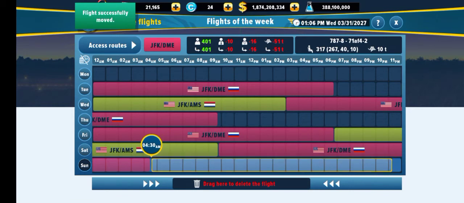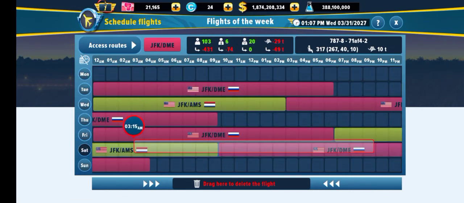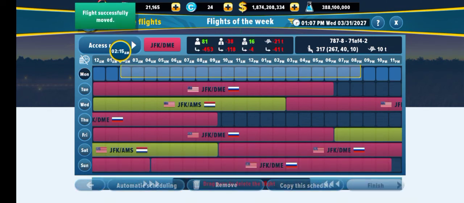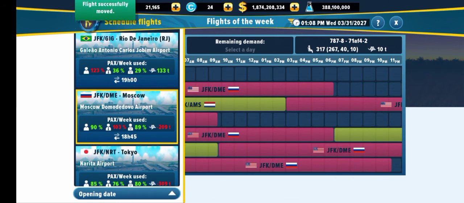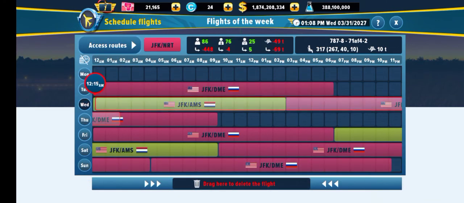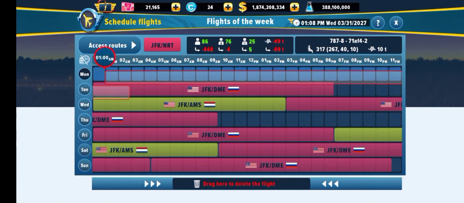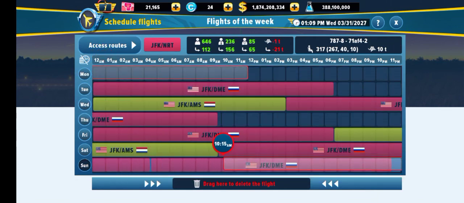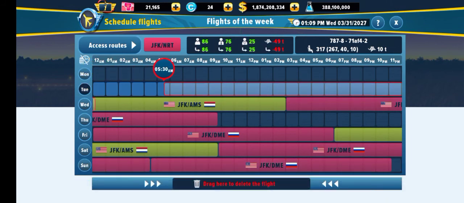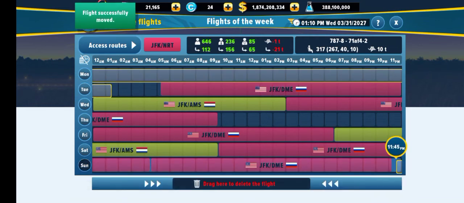do not think that it looks weird, because at the end of this game you are basically just focusing on capacity and demand, and the more demand you are able to capture, the better your airline is, and also the more profitable your airline is.